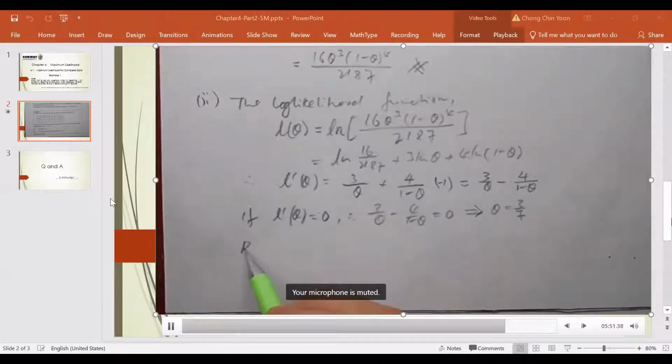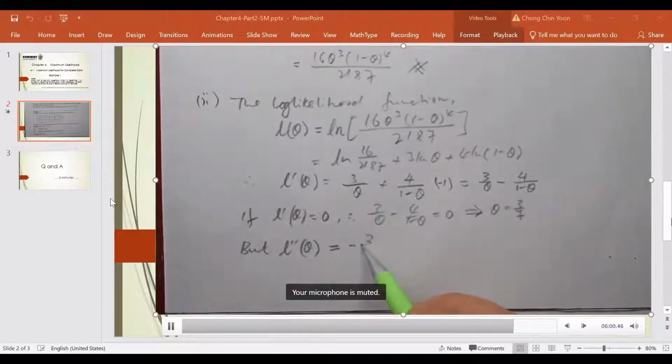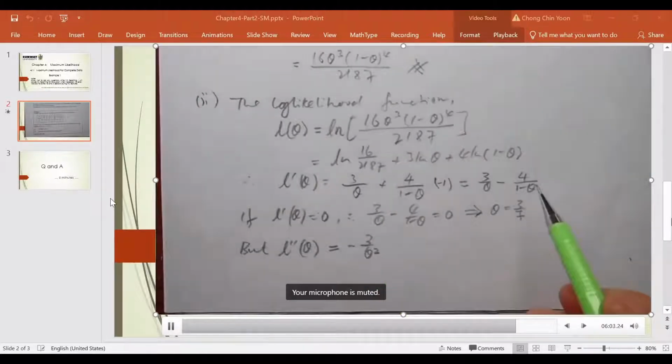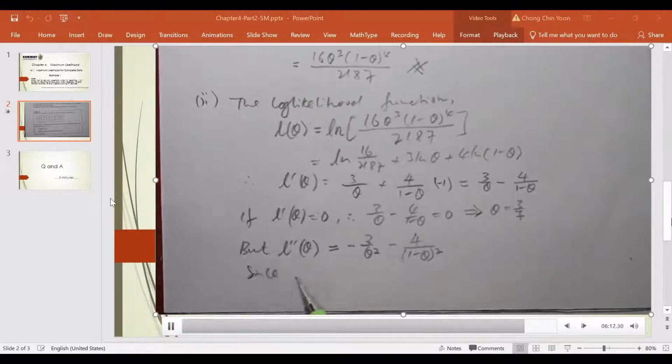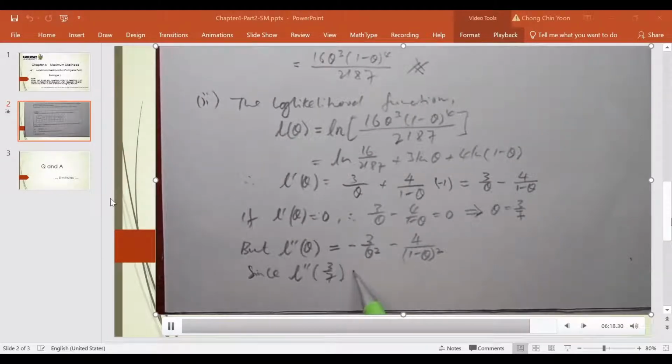Now let's go to the second order of this log likelihood equation. We will have negative 3 over theta squared, minus 4 divided by 1 minus theta squared. Since this is the second order, when theta is 3 over 7, you can substitute theta as 3 over 7, then you will have this result, which is negative.